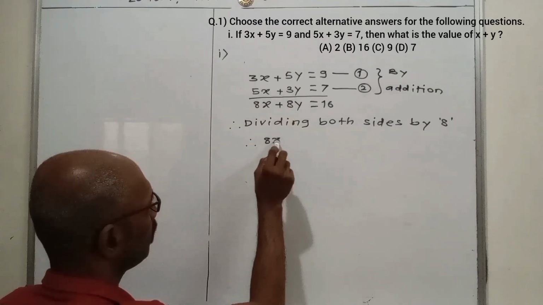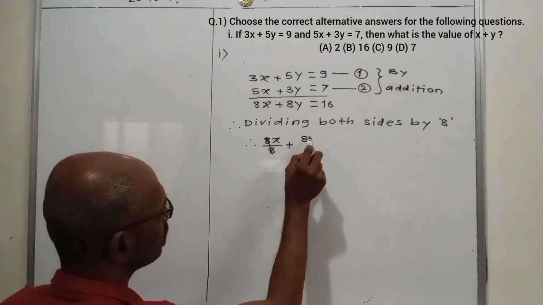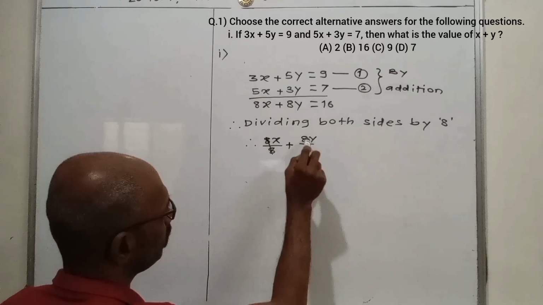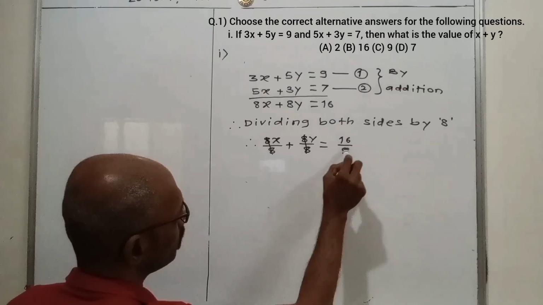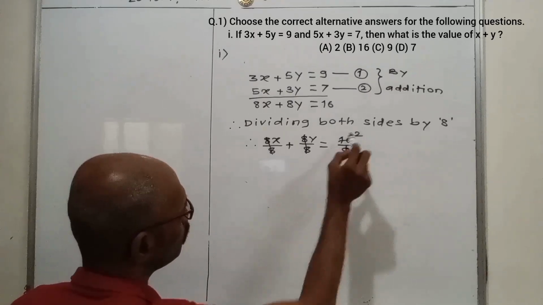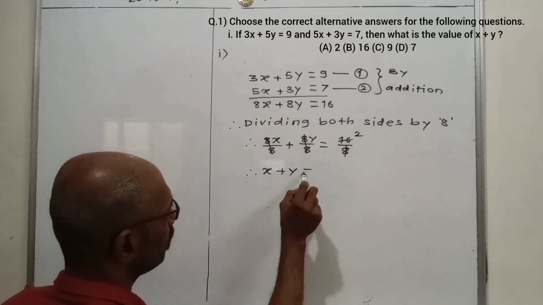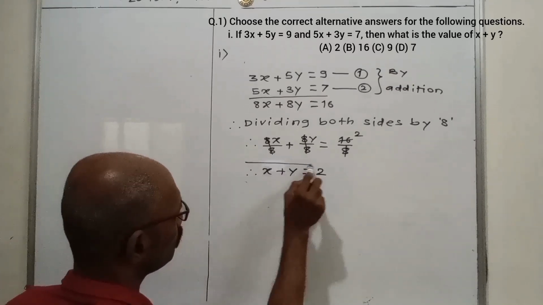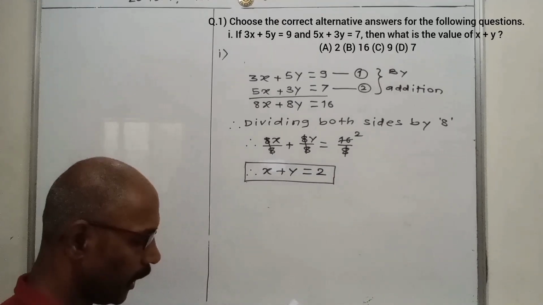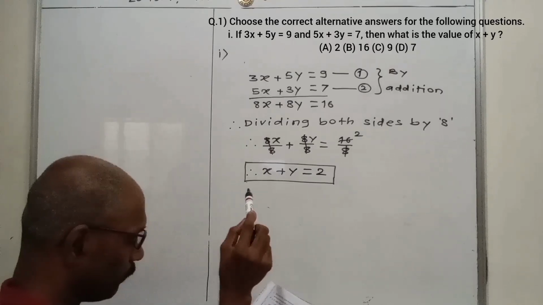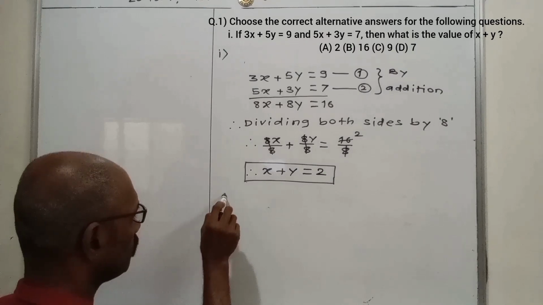Therefore, 8x upon 8 plus 8y upon 8 is equal to 16 upon 8. Therefore, x plus y is equal to 2. What is the question? Find the value of x plus y. Therefore, the value of x plus y is 2.